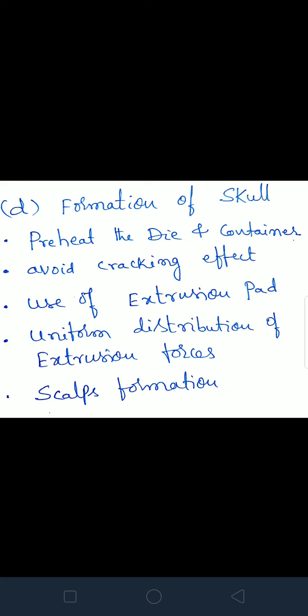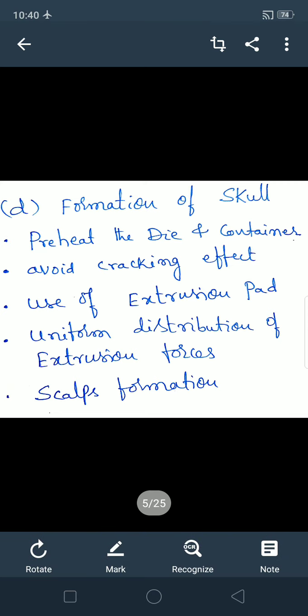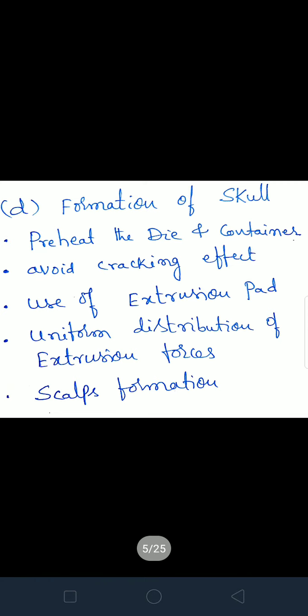So in the earlier defect we discussed, an uneven or rough surface may be formed due to the uneven distribution of the forces throughout the container while processing the material through the die, so that forms cracks.